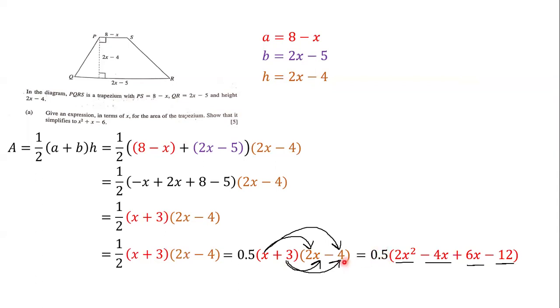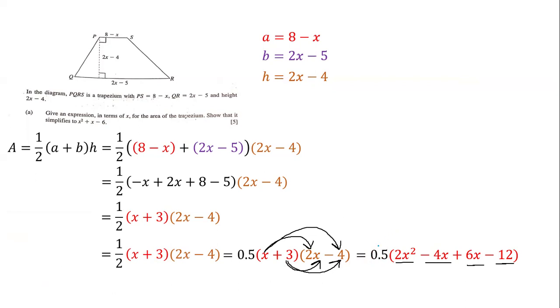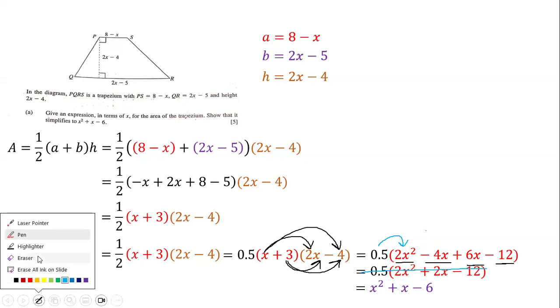So we have 0.5 multiplied by 2X squared. Okay, I wrote it twice. I'm sorry, I did something wrong.